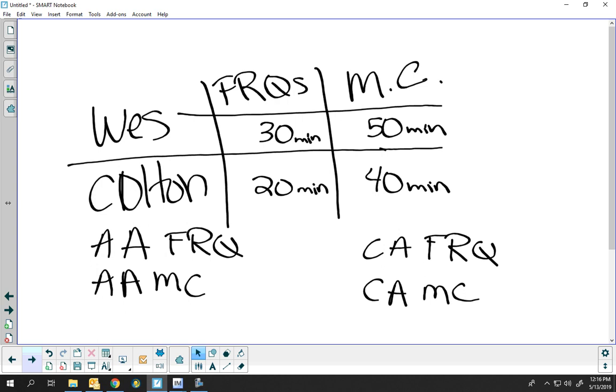Comparative larger. Yeah, I'm looking at the wrong numbers.